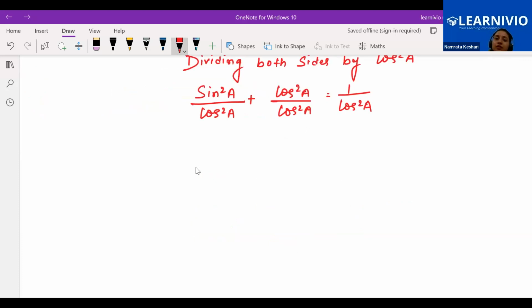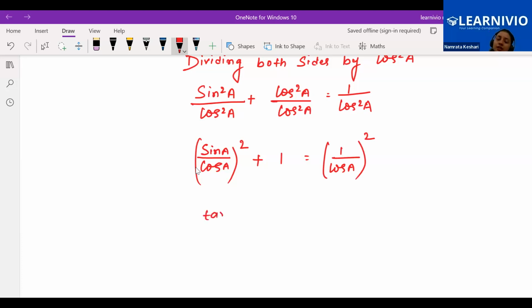Now this one we can write as sin A by cos A, complete square. This one we can write 1, and this one we can write 1 by cos A, complete square. Now sin by cos is what? Sin by cos is tan.